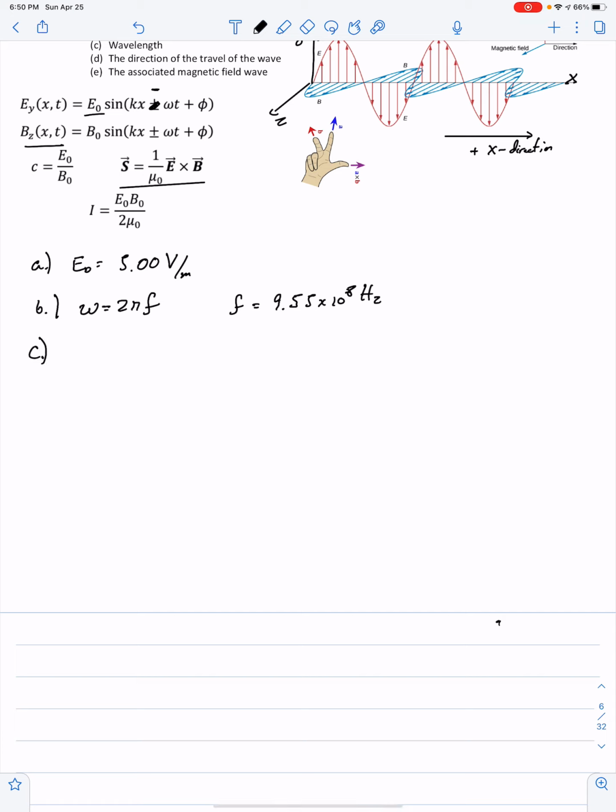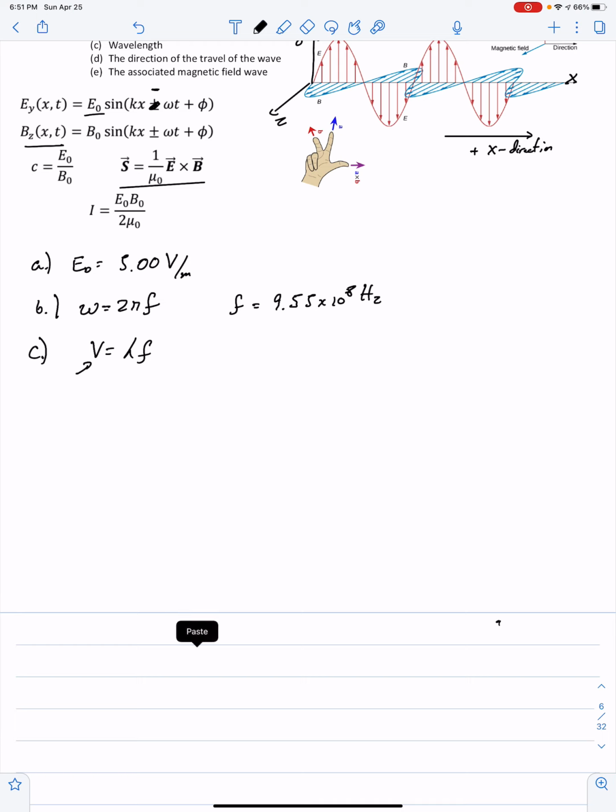All right. And then for C, find us the wavelength. We can solve for it because the electromagnetic wave is going through a vacuum, and therefore it is going at the speed of light.